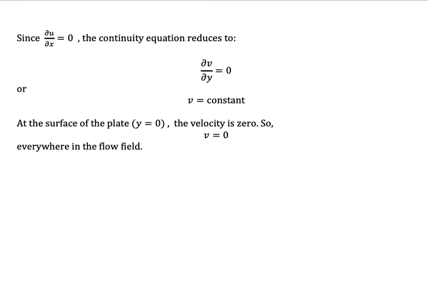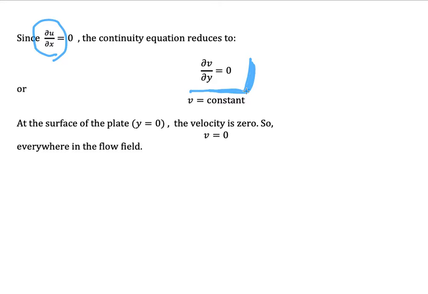And then again, if we substitute according to the simplification that we have, we get du/dx equal to 0, and the continuity equation reduces to dv/dy equal to 0. So v is constant.